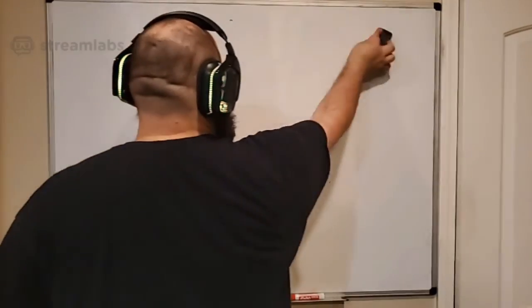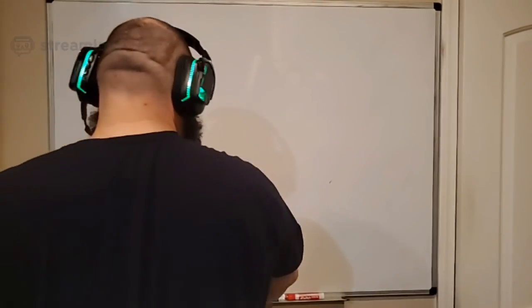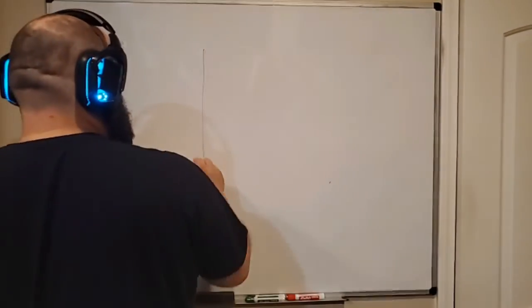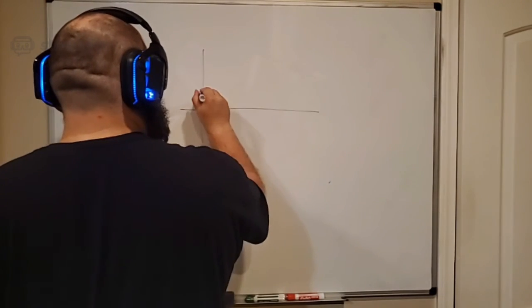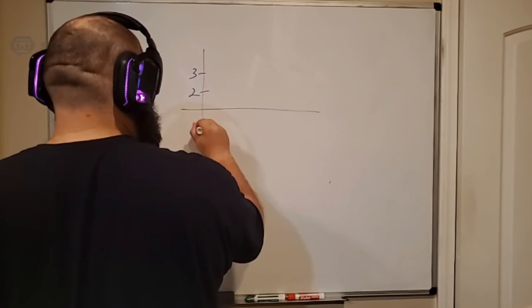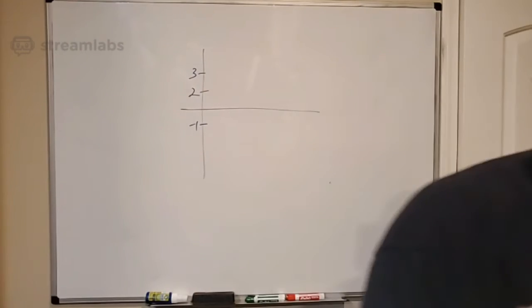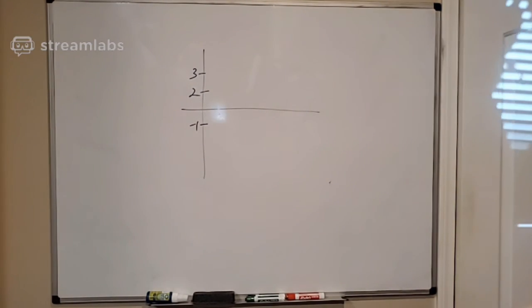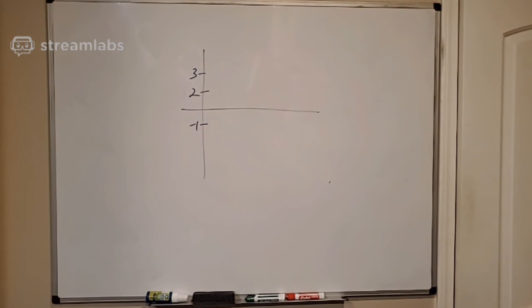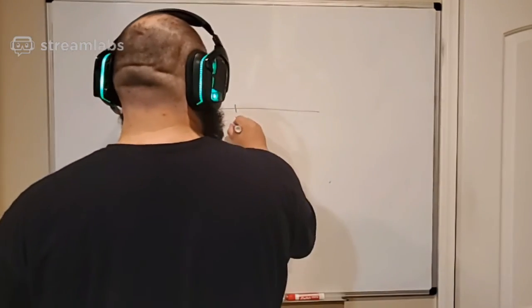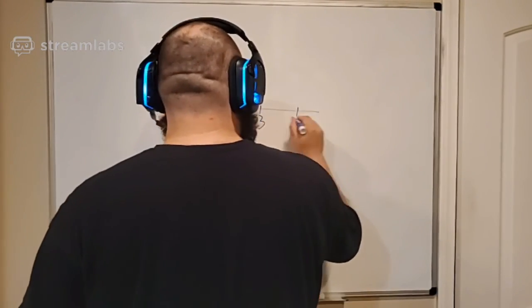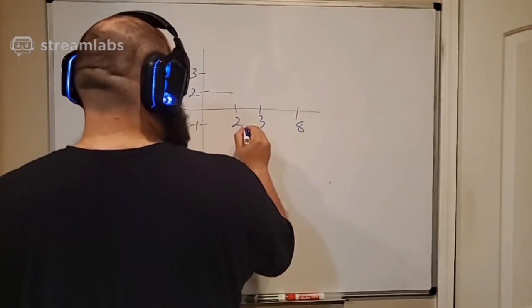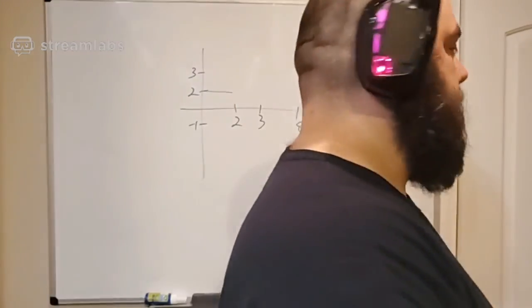So when you go to graph, you need 2, 3, -1. So it's that, and then that, and then that.